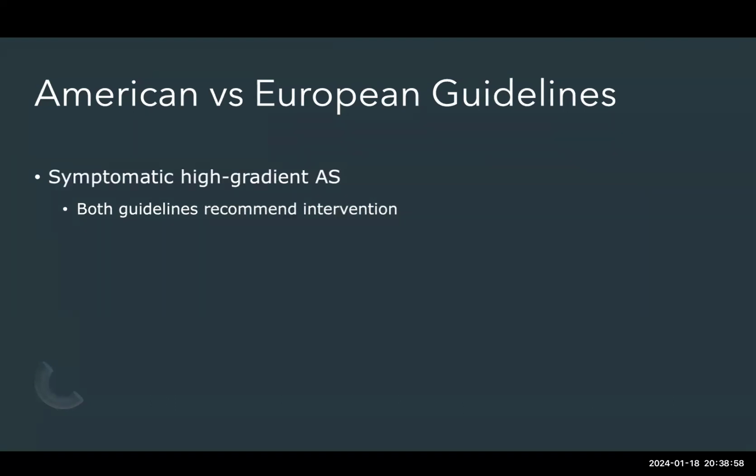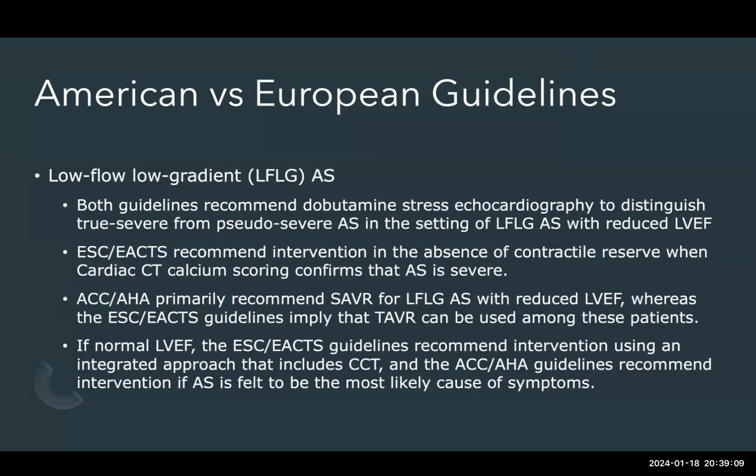And for symptomatic high gradient aortic stenosis, this is out of question. Everyone would say go for intervention. The problem is with the low flow, low gradient aortic stenosis. This line is very important for clinical decision, and this is a common question in exam.